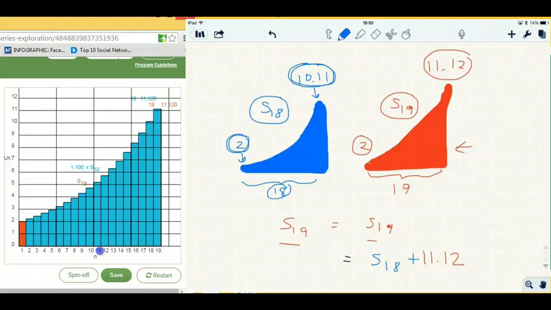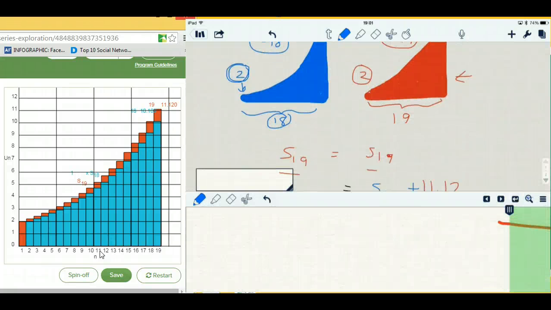So, but now I can express the area of the red curve as the blue curve times 1.1, and then this little part that's uncovered, which is 2, right? Because the first bar is 2. See? Not times 1.1, just 2. So you see it matches it perfectly when we multiply the blue curve by 1.1. Okay, so now we're going to rewrite it again. We're going to put S18. Oops.